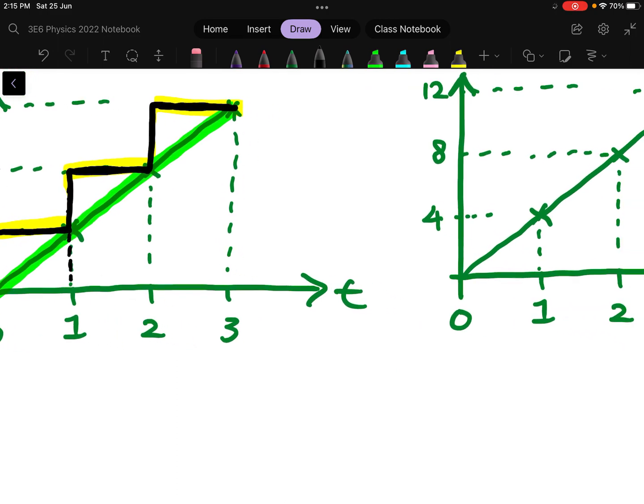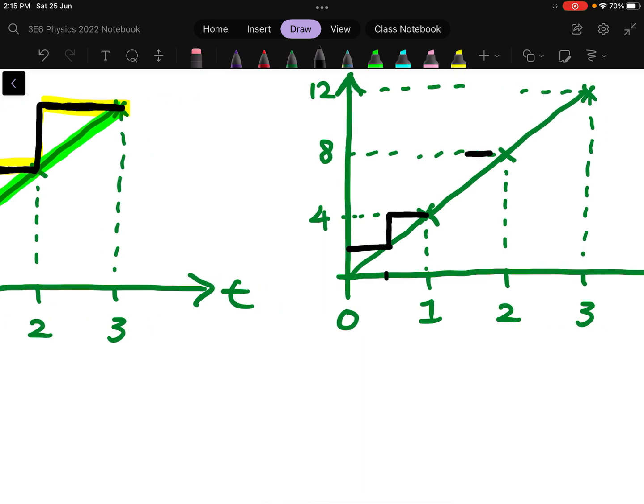Let's assume the speed is 4 when time is 0.5 to 1, and from 0 to 0.5, my speed is 2. And I do it the same way, maybe from 1 to 1.5, speed is 6, and 1.5 to 2, speed is 8. And then I do the same thing for here.